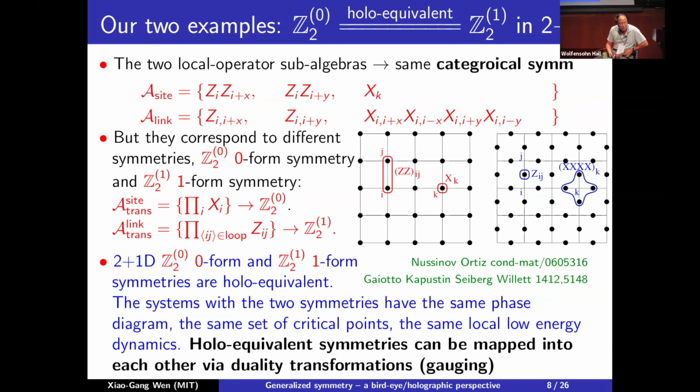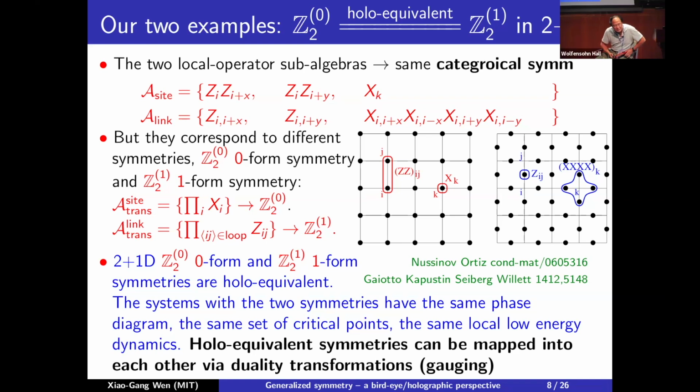Yes. So in your example, a site model and a link model had the same categorical symmetry, and then their respective algebras were holo-equivalent? Yes, that's right. Is that always true, if two symmetries have the same categorical symmetry, that their algebras will be holo-equivalent?